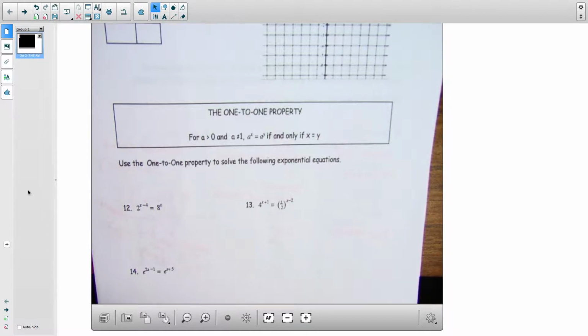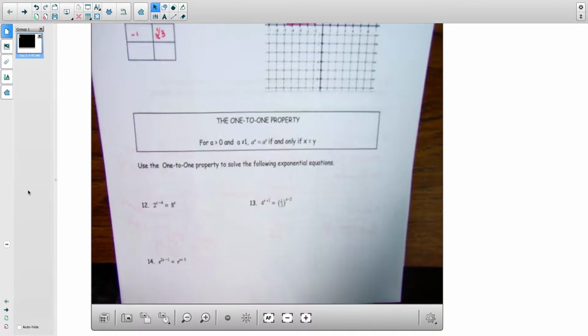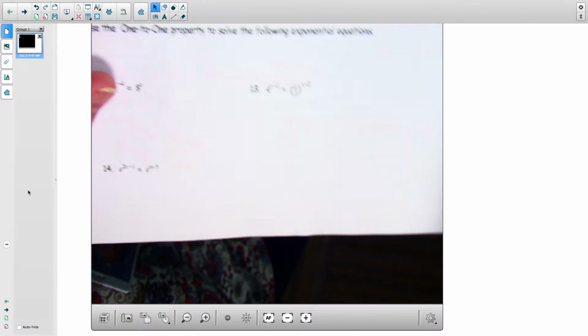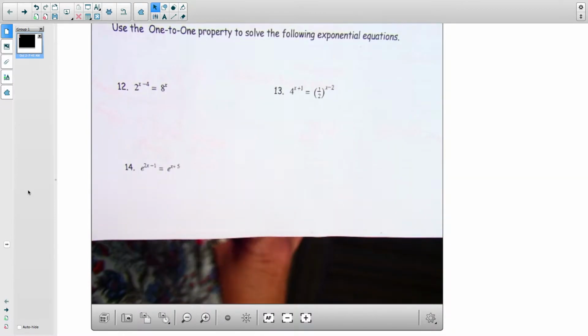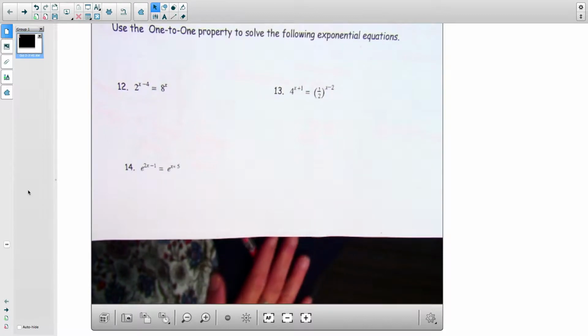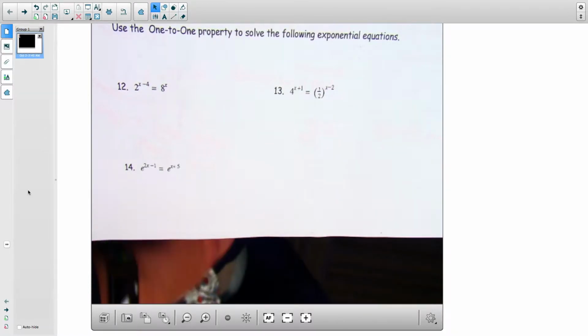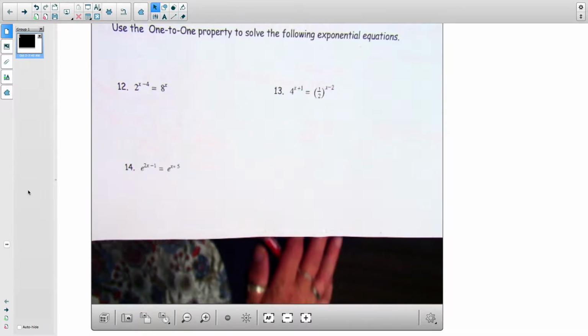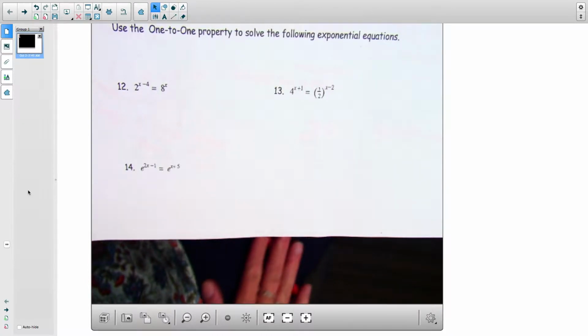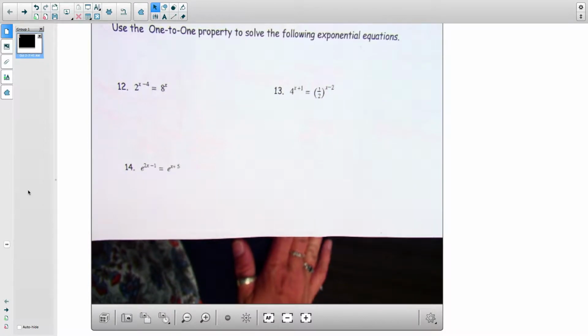So for example 12, we have 2 raised to the x minus 4 equals 8 to the x. Well, it's not going to be quite as simple as setting the exponents equal and solving, that's Algebra 1 stuff. Here, you're going to have to make the bases the same.